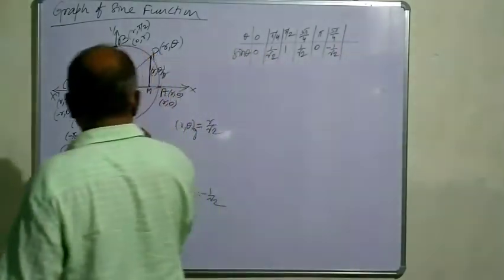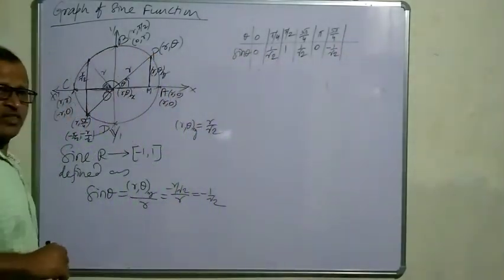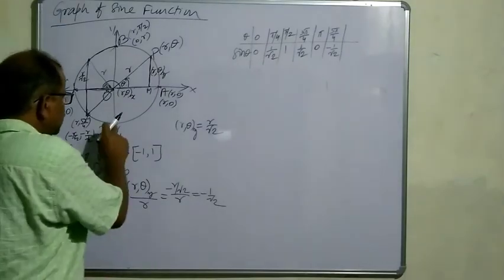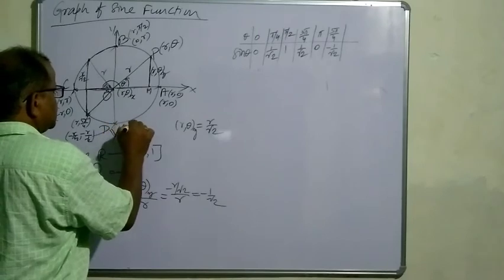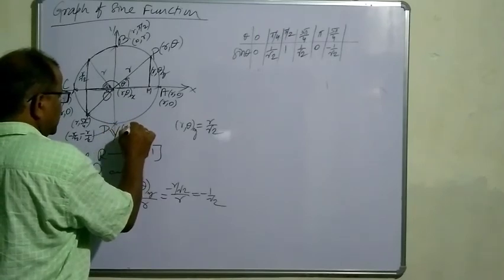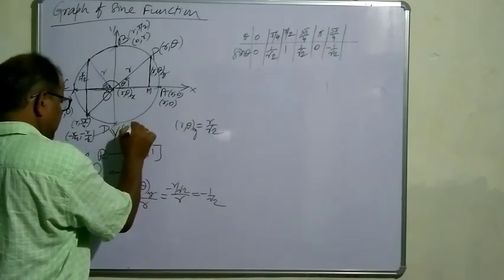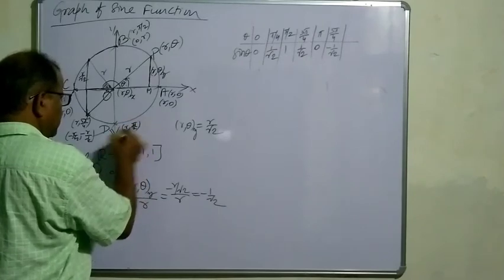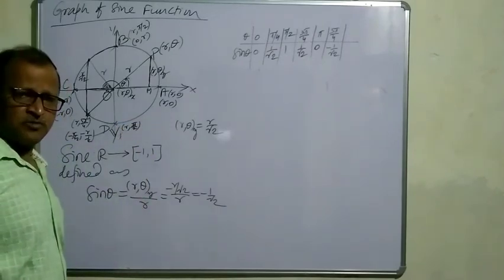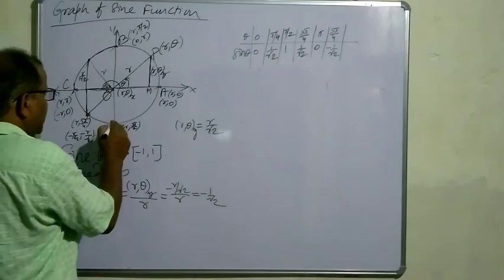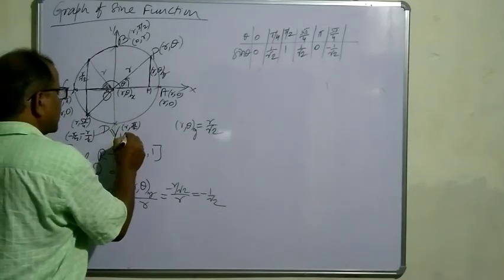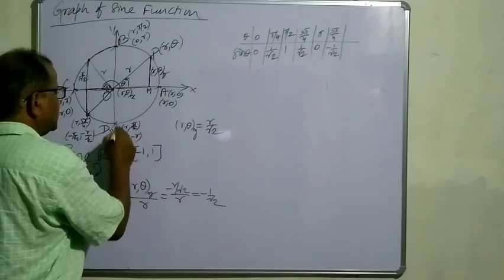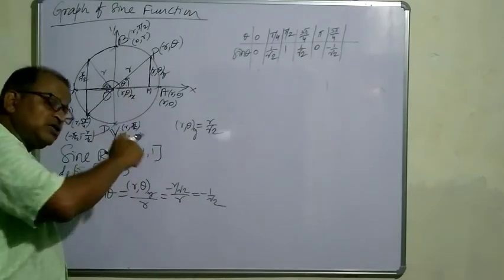Now when it reaches this point, what will happen? Here r, and it is pi plus pi by 2, that is 3 pi by 2. 3 pi by 2. This is the polar coordinates of the point, right? What about the Cartesian coordinates? The Cartesian coordinates will be 0, minus r. It is below the x-axis.